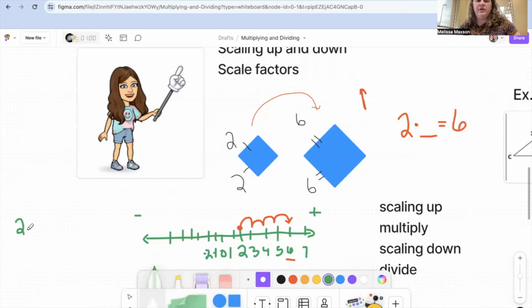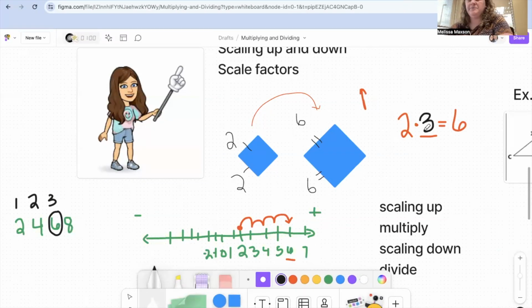So we have 2, and then 2 times 2 is 4, and then we have 6, and then we have 8. So the number we're trying to get to is 6, which was 2 times 3. So this is 2 times 3 equals 6.